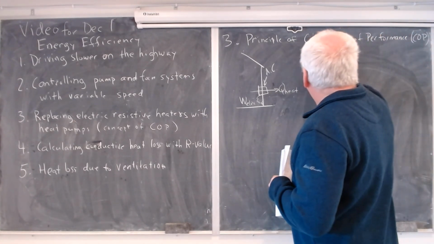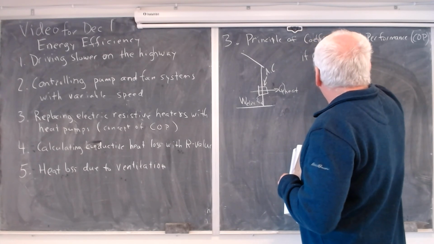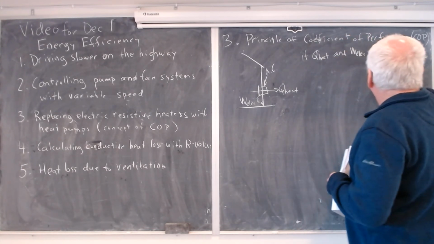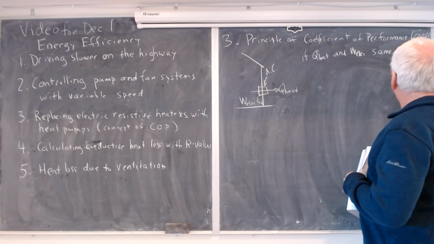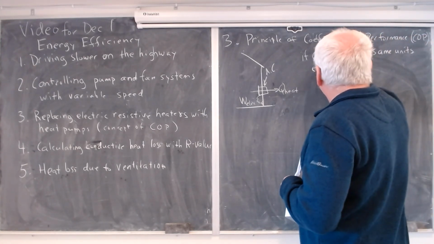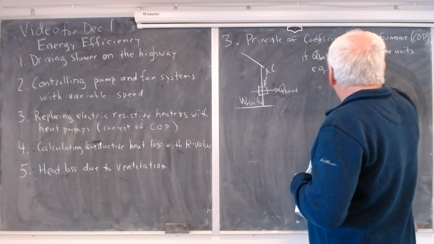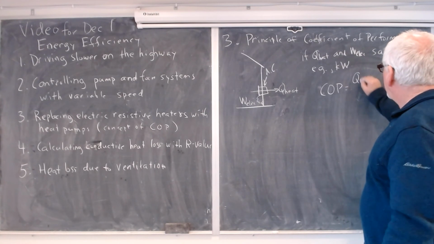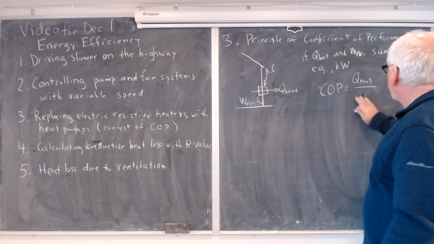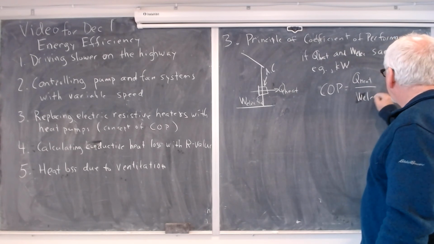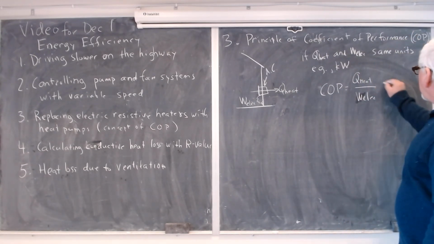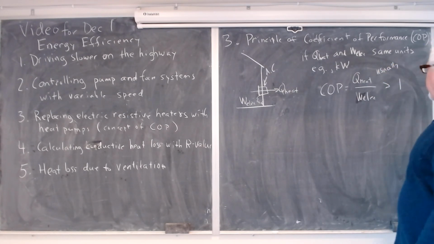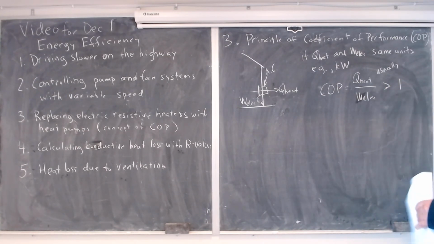And if Q heat and W electric are in the same units, for example kilowatts, the COP is Q, your heat pumping, divided by W electric, and it's usually greater than 1. In fact, it's always greater than 1 unless there's something wrong with your air conditioner.